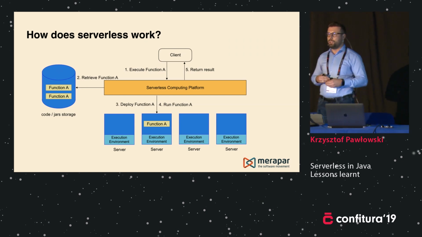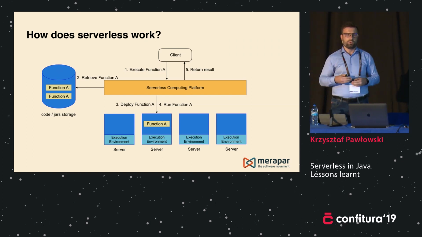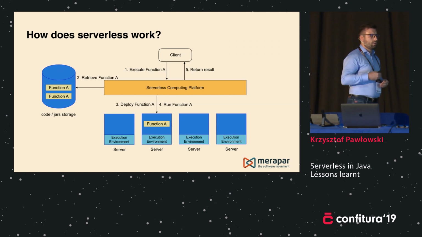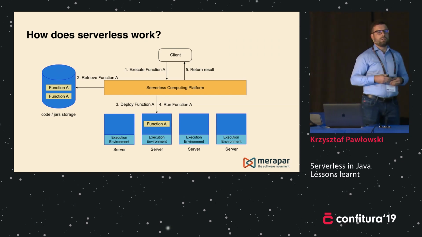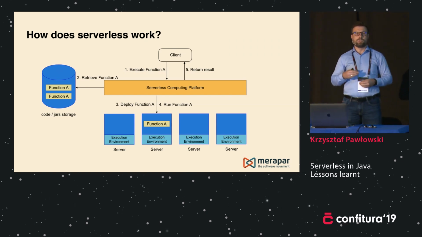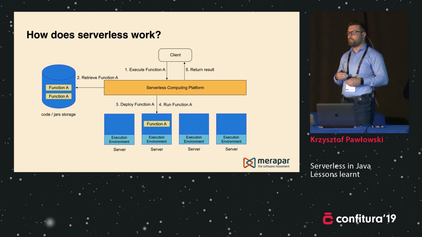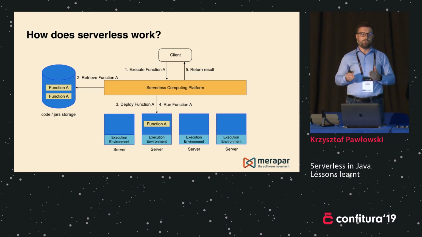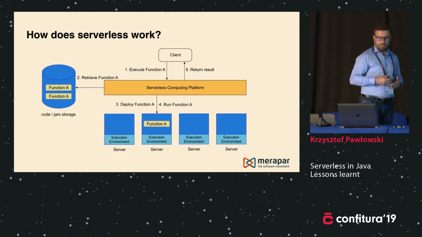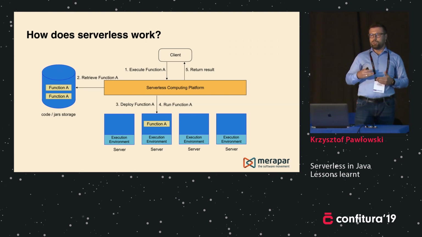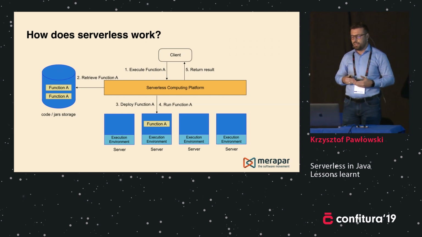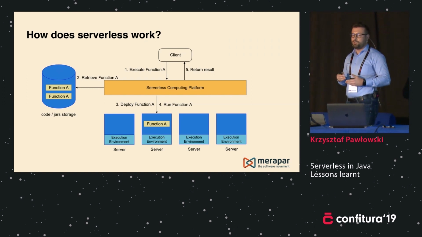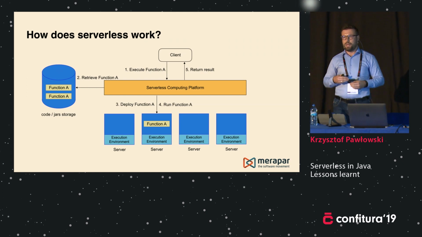So let's have a closer look at the details of how it works. First, when you implement your function, which you want to run in a serverless environment, you need to put it in some kind of storage. In our case, because we use AWS, it was an S3 bucket. So we put our jar file into the S3 bucket. And then when the client wants to call our function, the request is sent to the serverless computing platform.